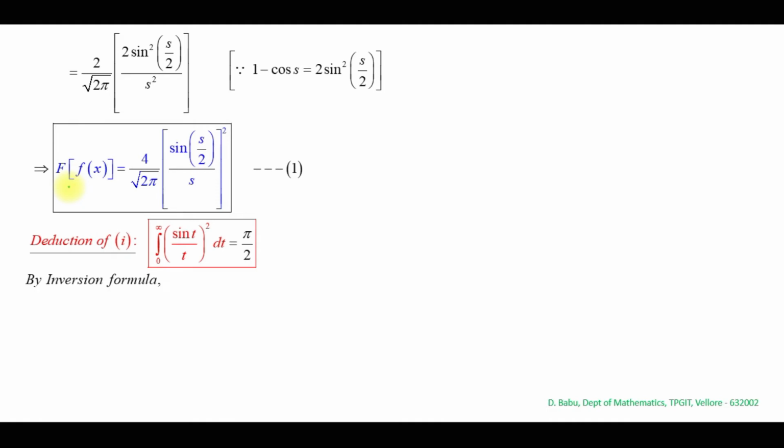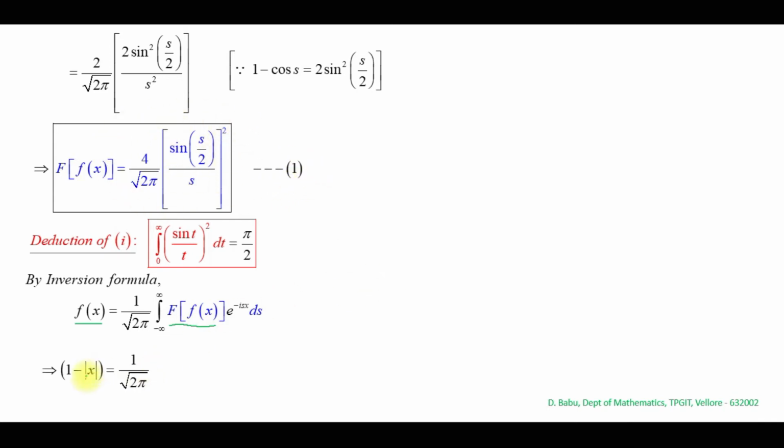By the inversion formula, f of x equals 1 divided by square root of 2 pi, integration from minus infinity to plus infinity of the Fourier transform of f of x times e power minus isx ds. So substitute f of x, which is given in the problem, that is 1 minus mod x, and substitute the Fourier transform of f of x, which is given in equation 1.